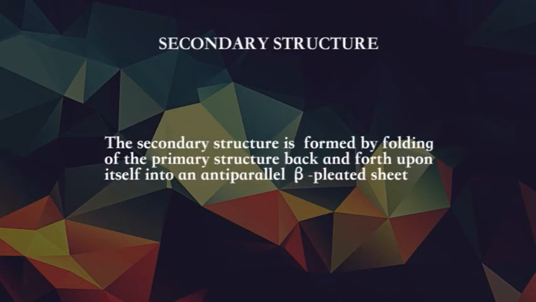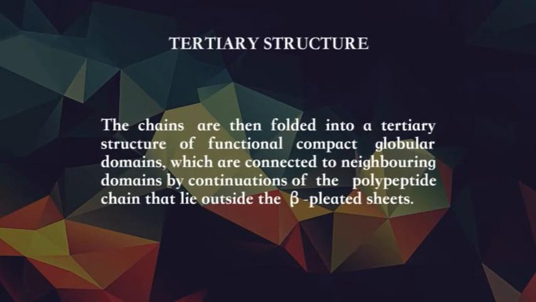The secondary structure is formed by folding of the primary structure back and forth upon itself into antiparallel beta-pleated sheets. The chains are then folded into a tertiary structure of functional compact globular domains, which are connected to neighboring domains by continuation of the polypeptide chain that lie outside the beta-pleated sheets.